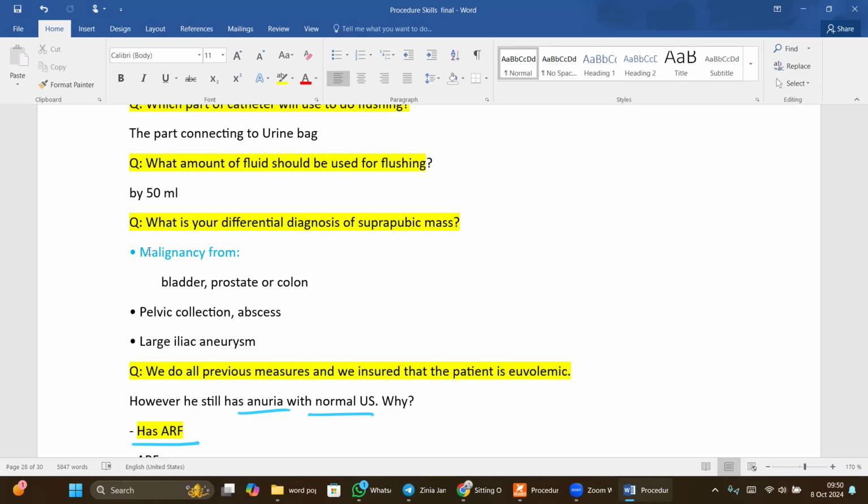It could be malignancy from the bladder, prostate or colon, pelvic collection or abscess, or large iliac aneurysm.